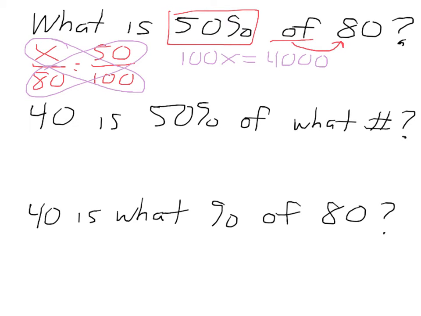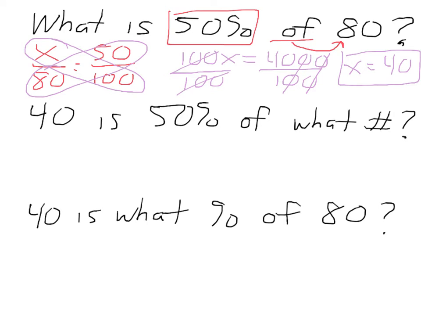Now, what do I do? Divide both sides by 100. The hundreds cancel out there. I can cancel out the ending zeros, which means x equals 40. Is that what you expected to get? Yes. That's what I expected to get, so x equals 40.